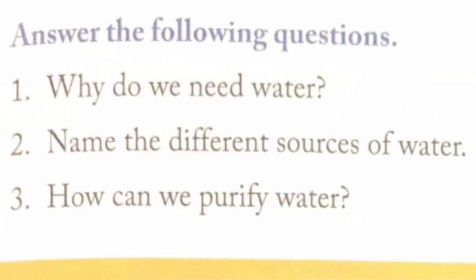So we can confine our answer to a few uses, like we need water for cleaning, drinking, bathing, and for plants. Question number 2: name the different sources of water. Different sources of water are rainwater that fills the wells, and then wells, tanks, rivers, and ponds are the main sources of water.